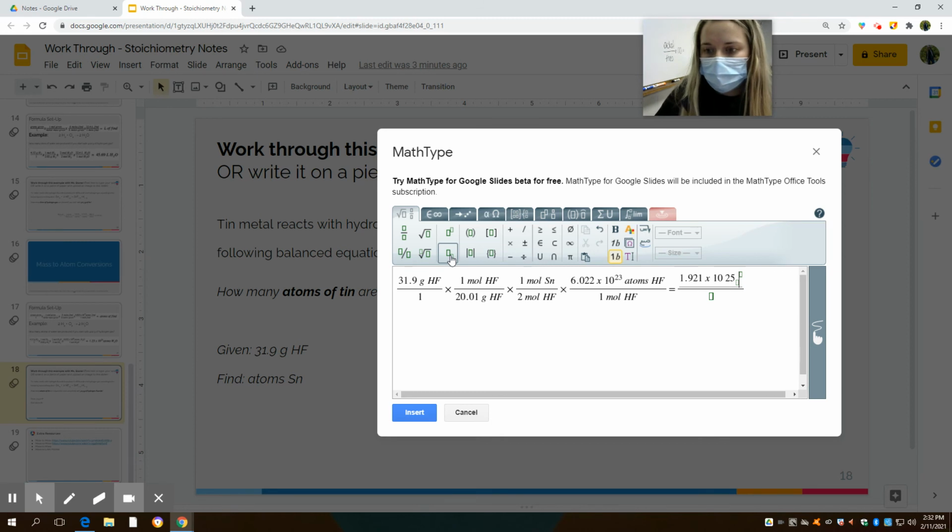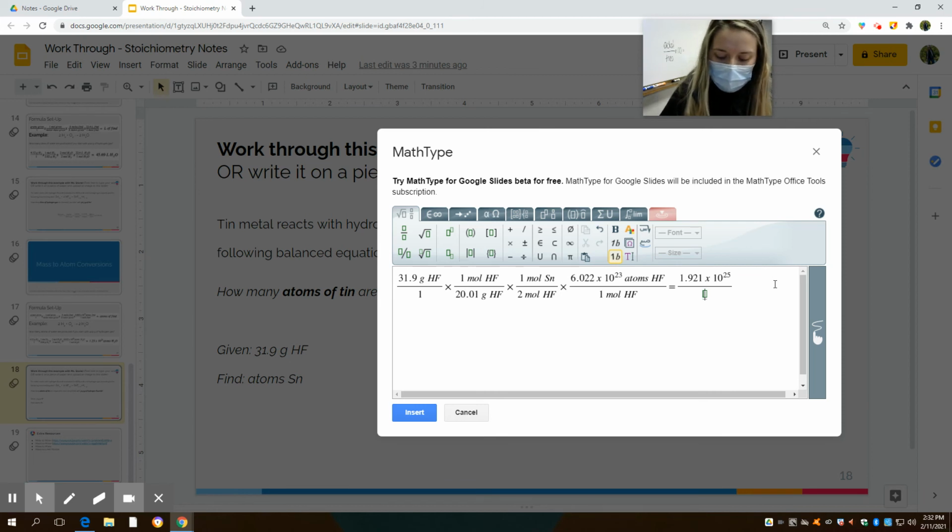Oh, that's not what I want. I've made a mistake, guys. There we go. And then we've multiplied everything on the top. We're going to multiply everything on the bottom. And I should be able to do this in my head, but it's a Friday. It's a long day. We're going to get 40.02 on the bottom.